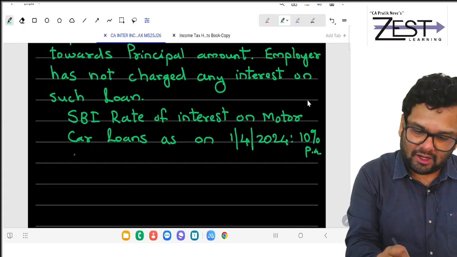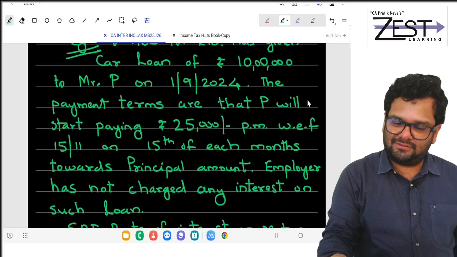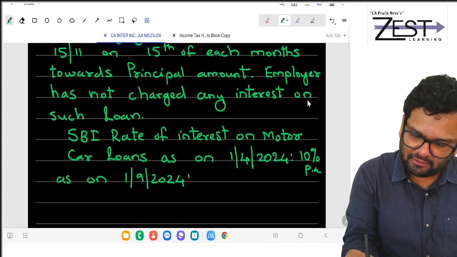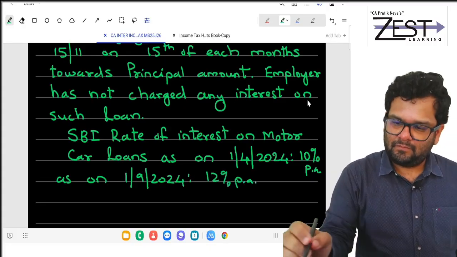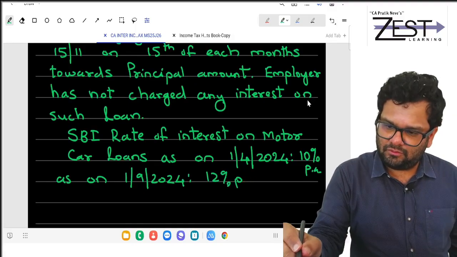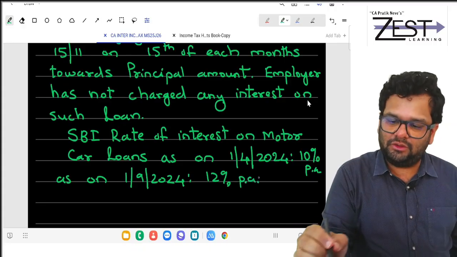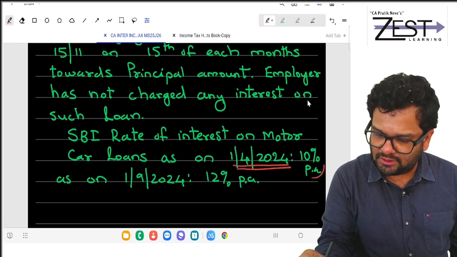Clear? It is also given as on 1st September 24. Which one will you take? You will take as on 1st April. Even if your loan is as on 1st September, you will take as on 1st April. Please understand.